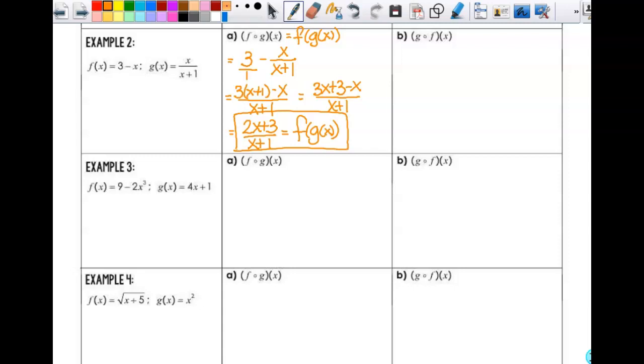What I could do, and you may not want to write this down because I don't want it to confuse you if you go back and look at this, but if this was 3x plus 3 over x plus 1, and then I could factor out the 3, and then I get x plus 1 over x plus 1, could I simplify that?